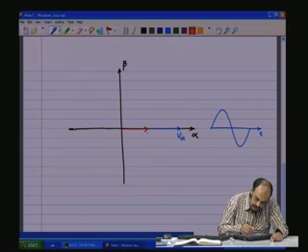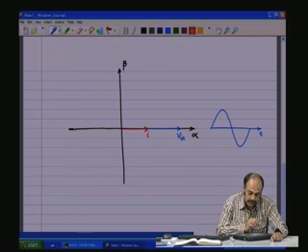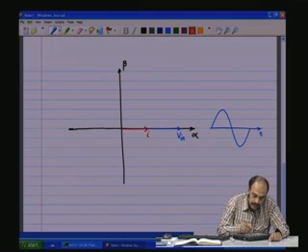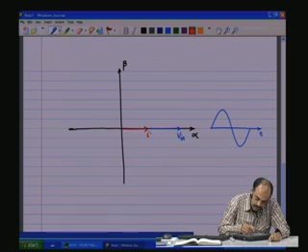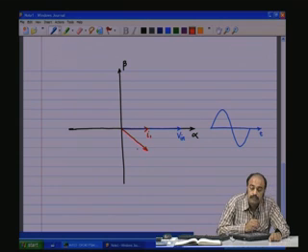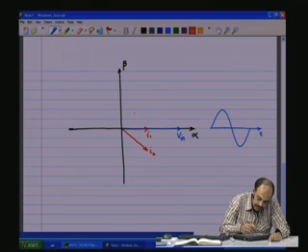So, this is my I phasor or the vector, or one could have a current, let me call this one as I1, or a current which is lagging, let us call this I2, or a current which is leading, let us call this I3.